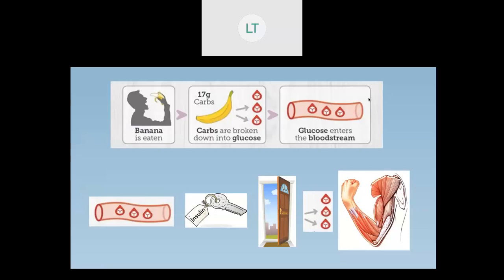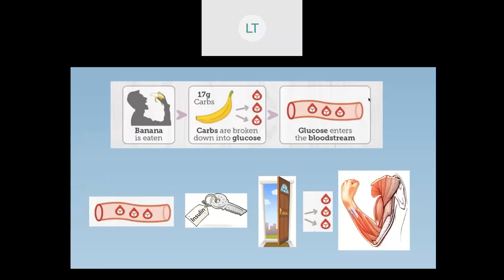So the diagram on your screen gives a basic example of how the body uses sugars when it's functioning normally. As you can see, it starts with you eating a food that contains sugar or carbohydrates. The body breaks that food down into its simplest form. So a carbohydrate like a banana is going to be broken down into glucose, which is just a fancy word for sugar.